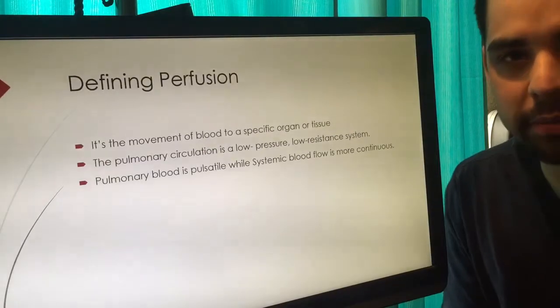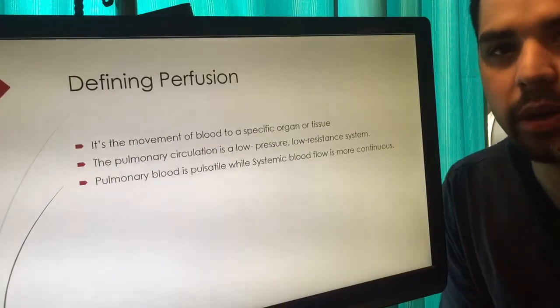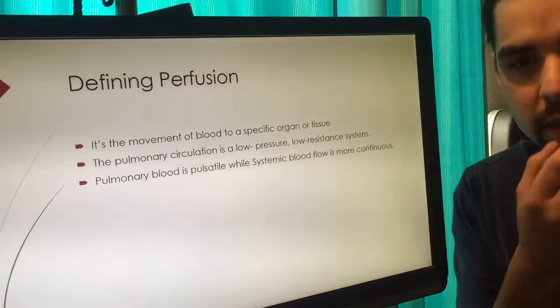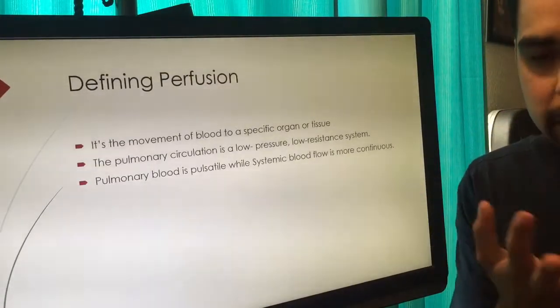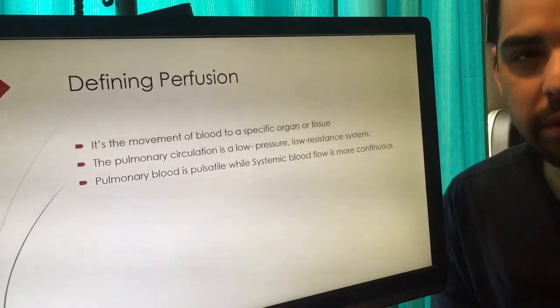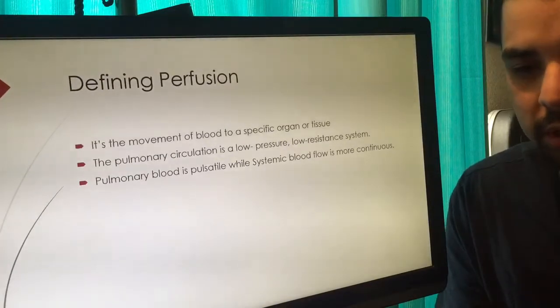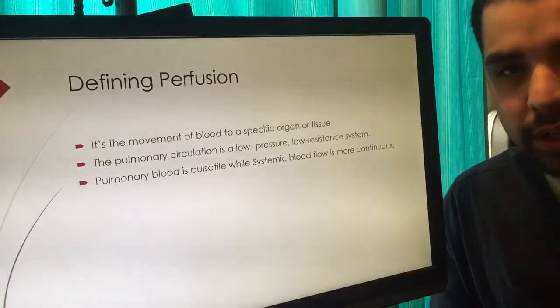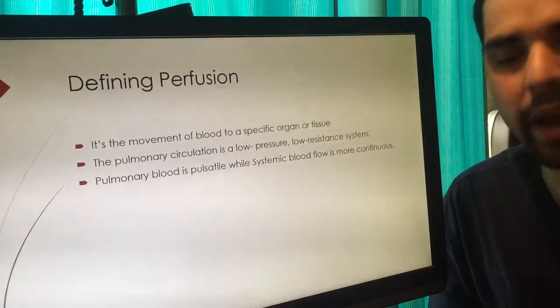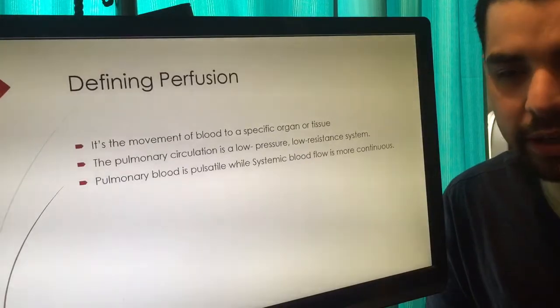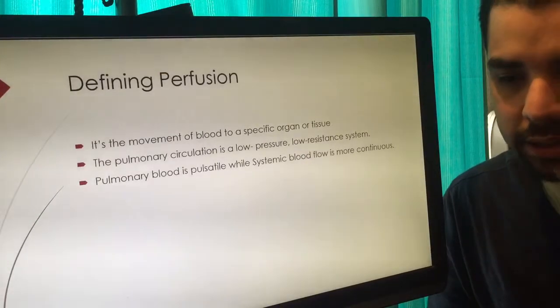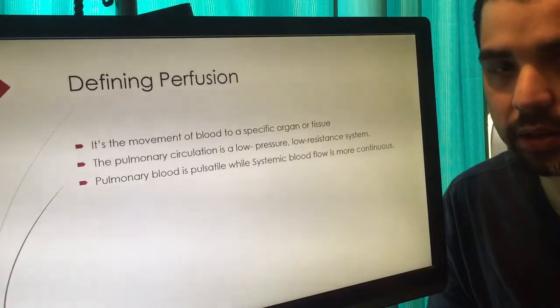The right ventricle then pumps that venous blood through the pulmonary artery and into the capillaries surrounding the alveoli to induce gas exchange. After that has happened, it becomes oxygen-rich arterial blood, and then it comes back through the pulmonary veins and into the left side of the heart.